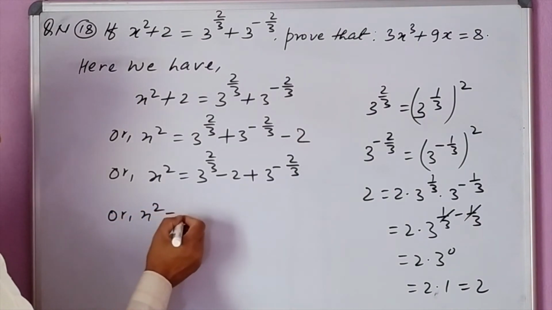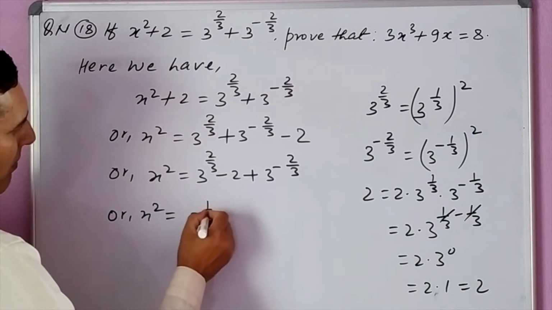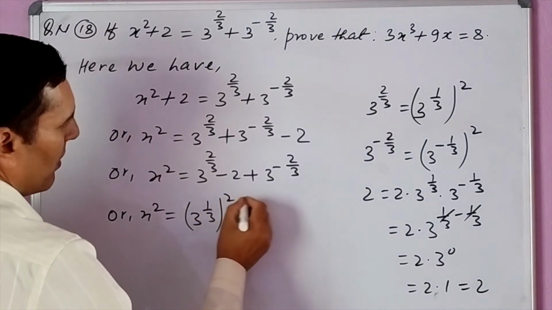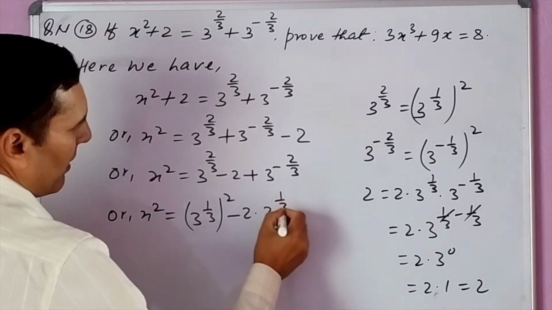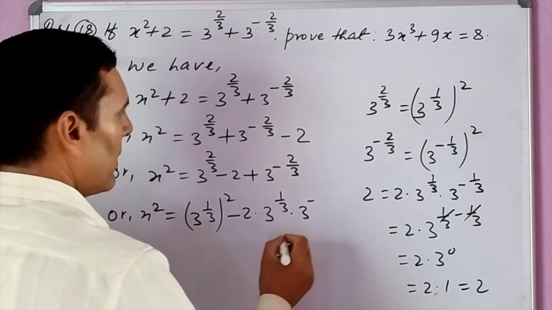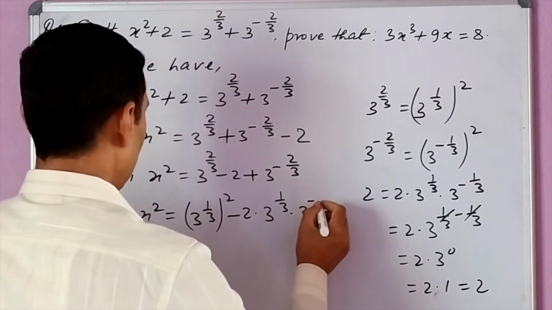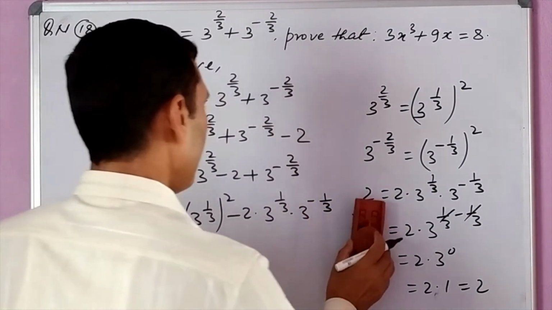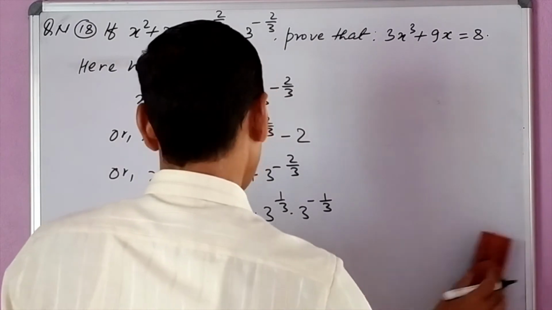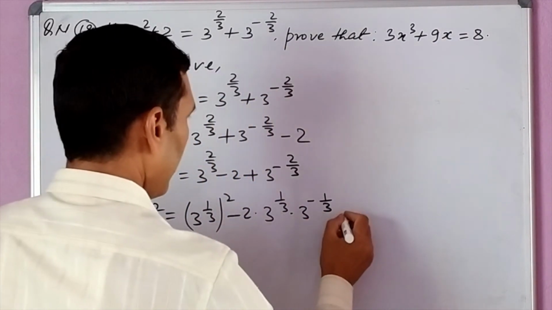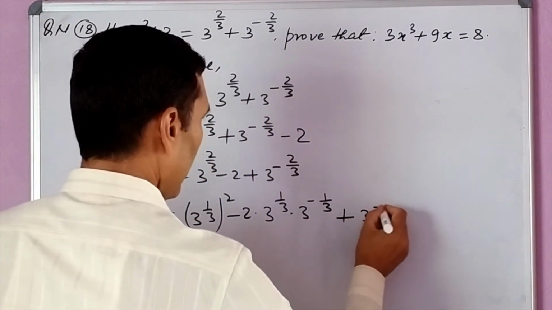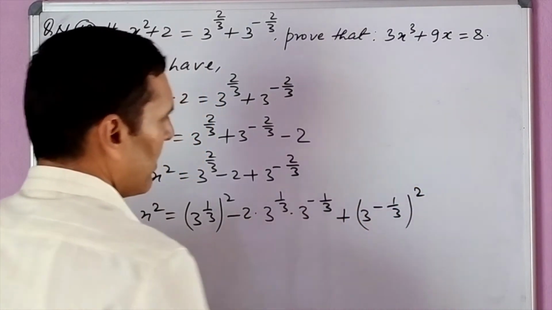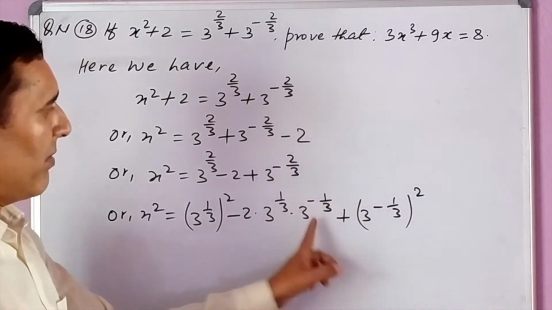So x square is equal to 3 to the power 1 by 3 whole square minus 2 into 3 to the power 1 by 3 into 3 to the power minus 1 by 3 plus, a square minus 2ab plus b square, 3 to the power minus 1 by 3 whole square, because our b is 3 to the power minus 1 by 3, which I have written here.